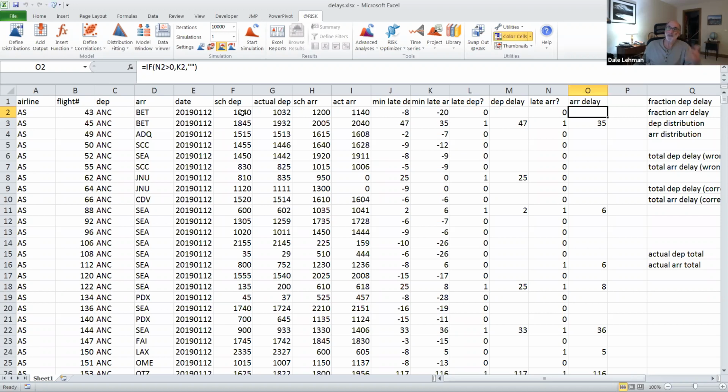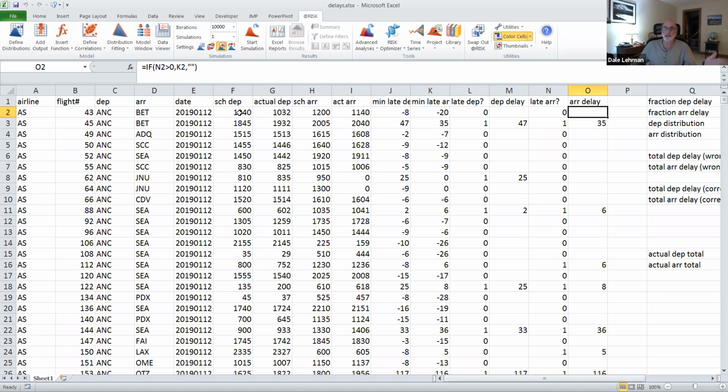And the possible use of this is you might be interested in knowing what the total number of minutes of delayed time is in a January, because it affects things like airport services, how many restaurants you need, how long they have to be open, gate space, sitting space for people, because when flights are delayed, they need more room to sit.